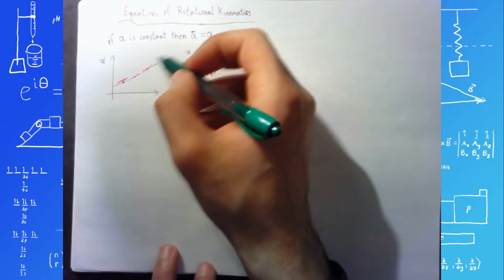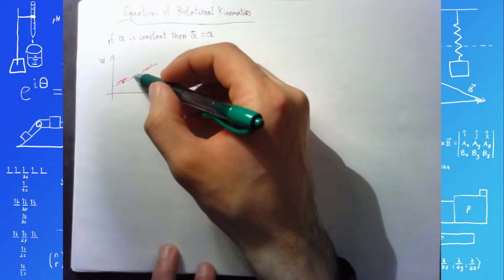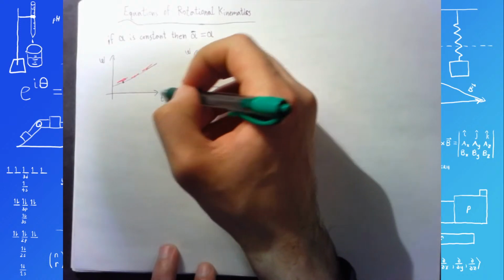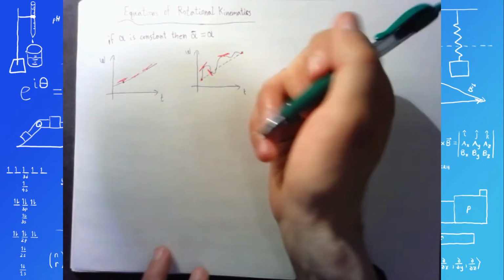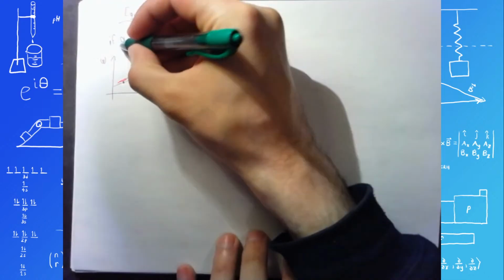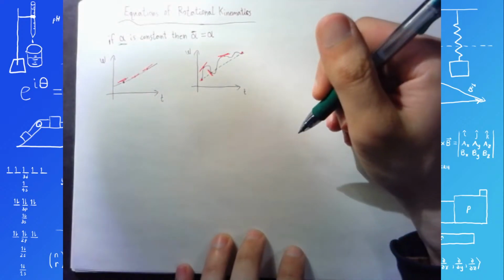But if the angular acceleration is constant, then your omega versus time graph is going to look like a straight line. And at that point, yes, omega final minus omega initial over time final minus time initial is constant, is whatever this angular acceleration is supposed to be.